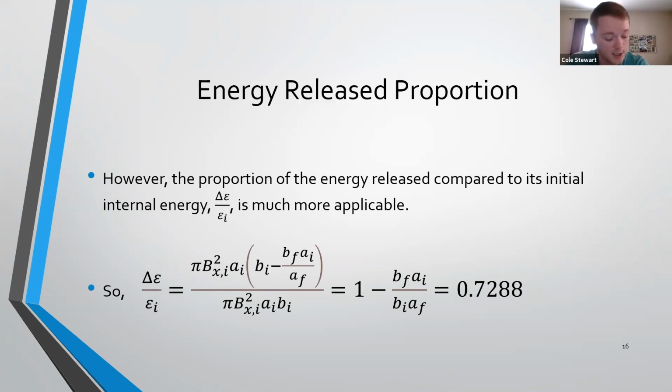So taking delta E as defined previously, with E sub i as the internal magnetic energy at the start of magnetic reconnection, they can be rearranged to 1 minus that ratio.